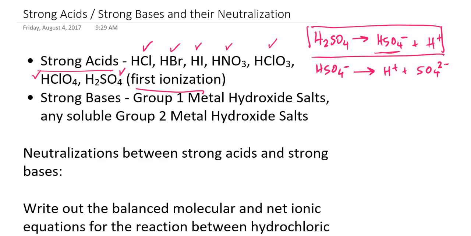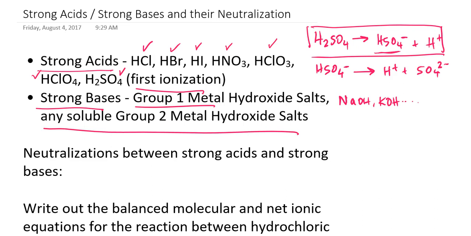Now, as it turns out, strong bases are also somewhat easy to identify. They are the hydroxide salts of group 1 metal cations, so things like sodium hydroxide, potassium hydroxide, and so on down the rest of group 1 when we're looking at the group 1 metals, and also any soluble group 2 metal hydroxide salts.